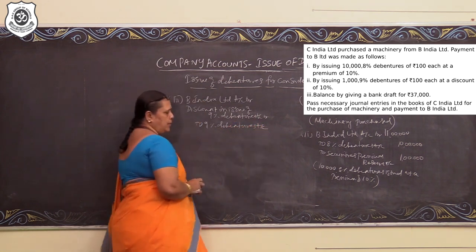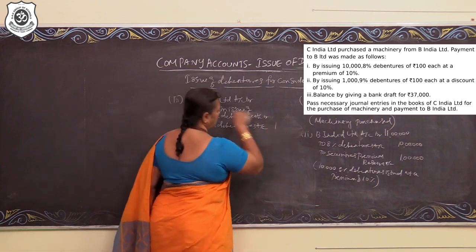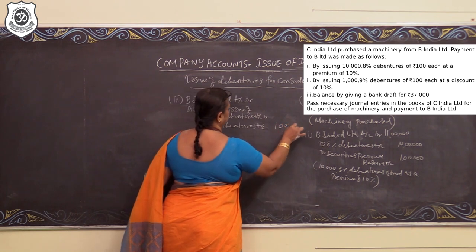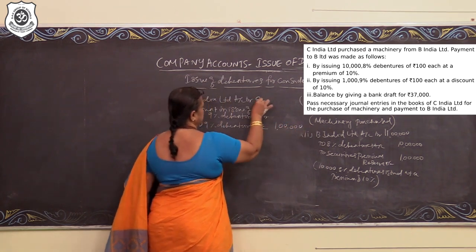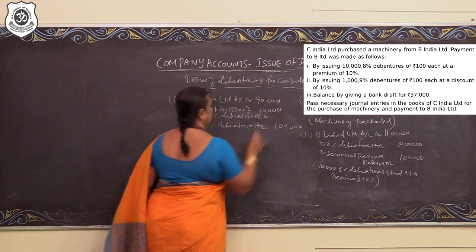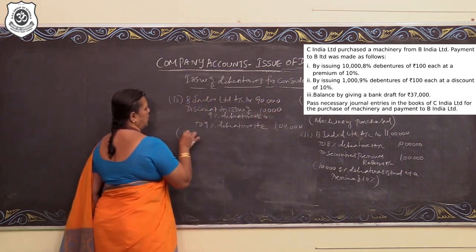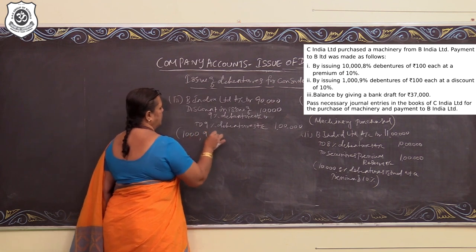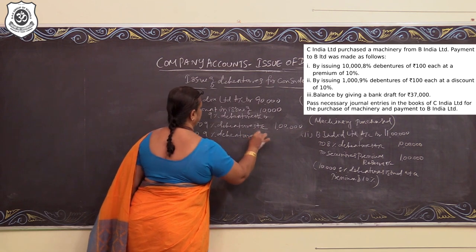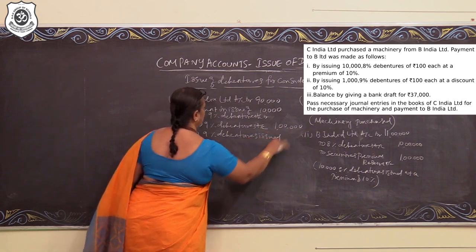So, this is going to be 1 lakh. This is 90,000 and 10,000 will be discount. So, this is going to be 1,000, 9% debentures issued at a discount of 10%.